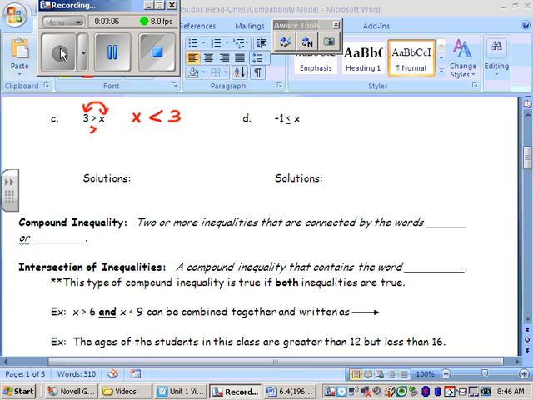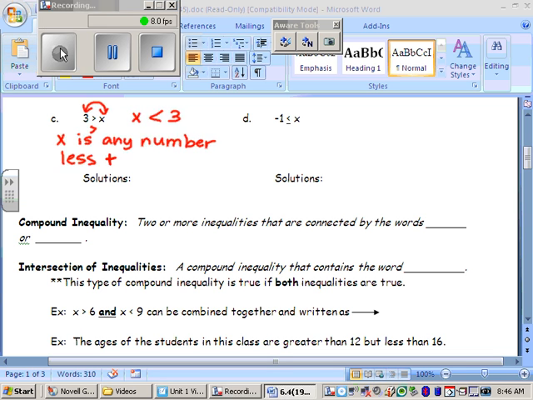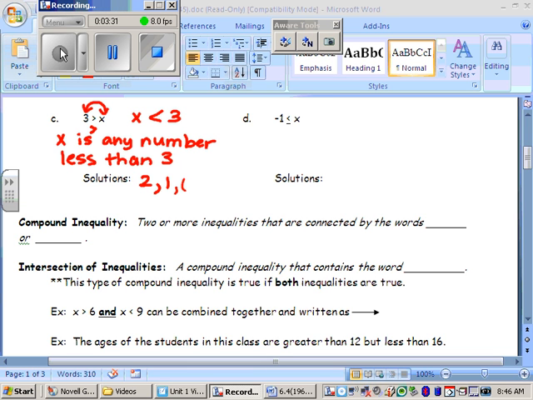Now we can actually read this as x can be any number less than 3. So let's write x is any number less than 3. So what could be some possible numbers less than 3? Of course, 2 would be a number, 1, 0, and then any other numbers that are also less than 3.